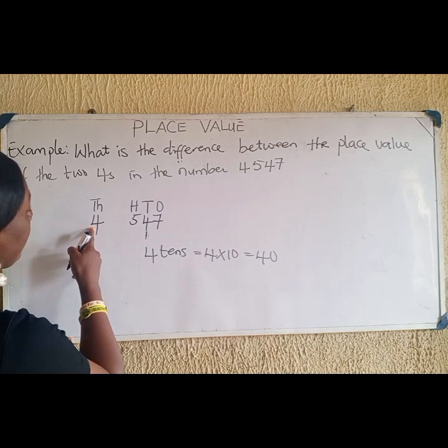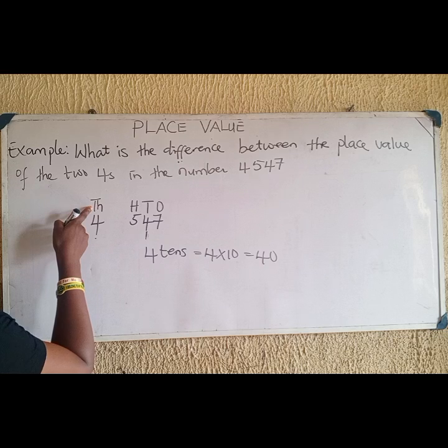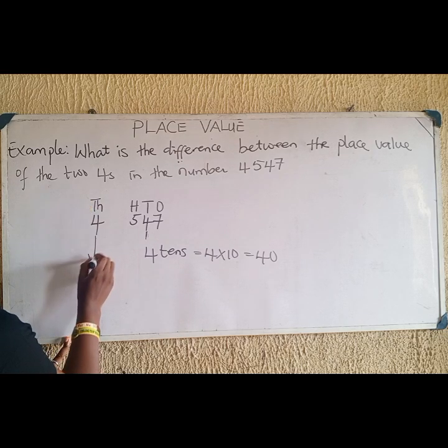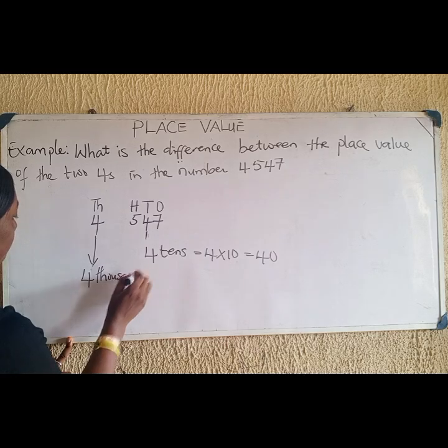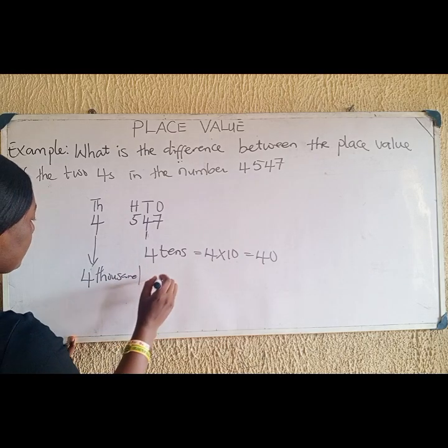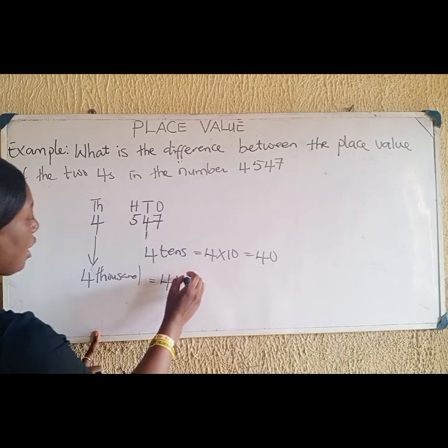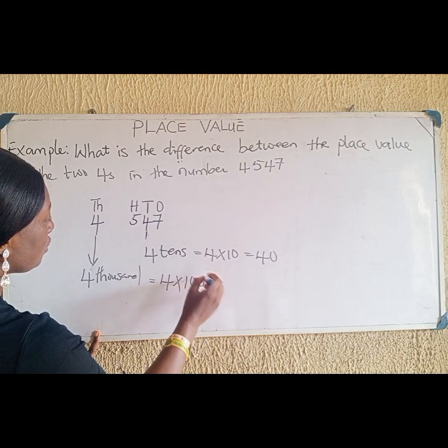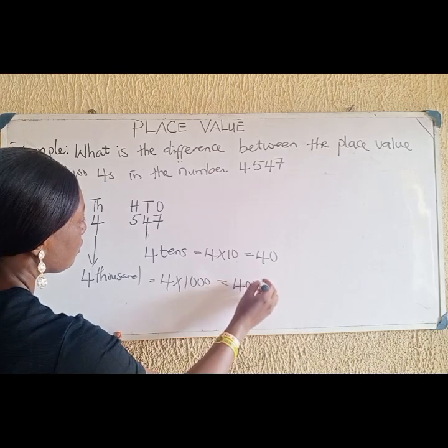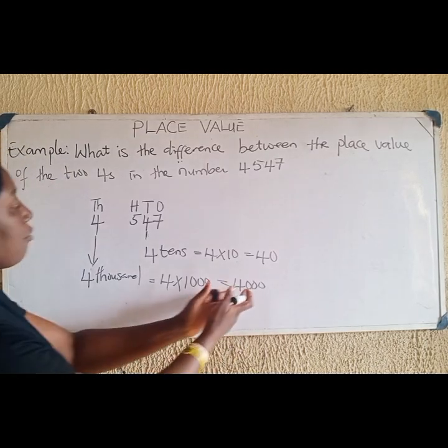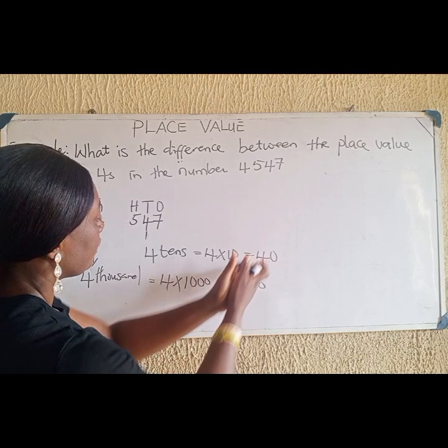Now another 4 again here. This 4 is under what? 1,000. So I have here 4,000, which is the same thing as 4 times 1,000, which is 1 with 3 zeros. And 4 times this will give me what? 4,000. So I've gotten the value of the 4s.